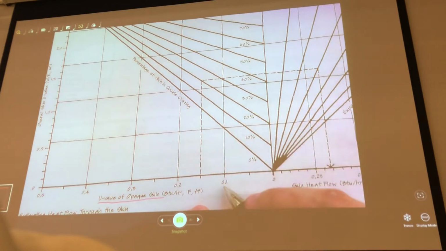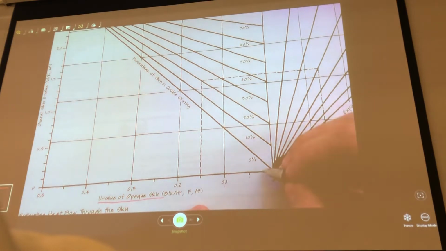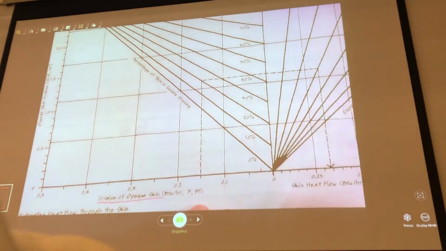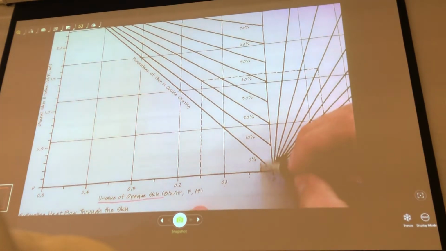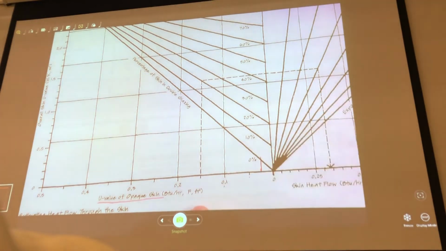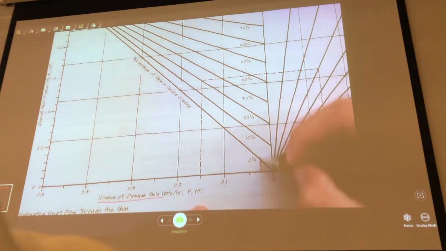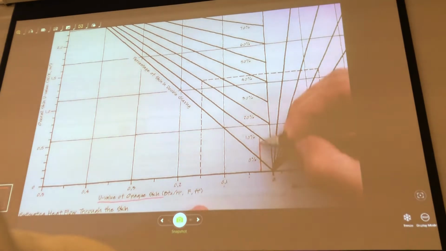So right here is 0.1, 0.05, so I'm halfway between these two lines. I know it's really, really close down here. Obviously, if we had a computer, we can actually get a lot more accurate. So I'm going to draw a line straight up.